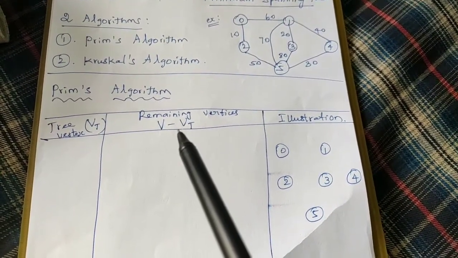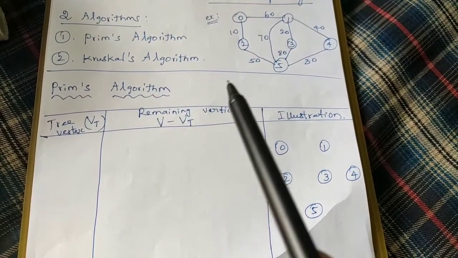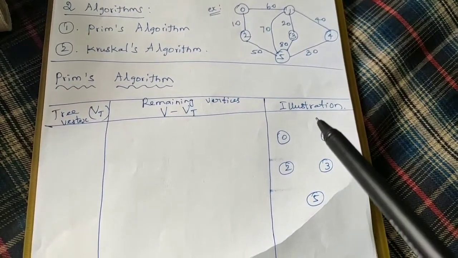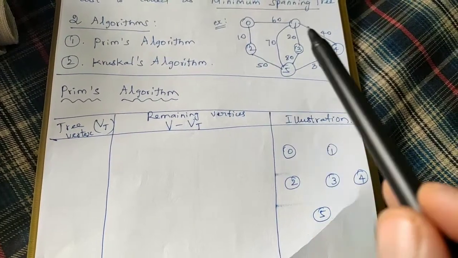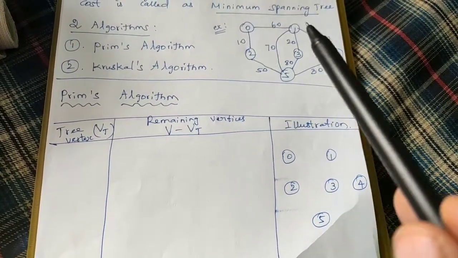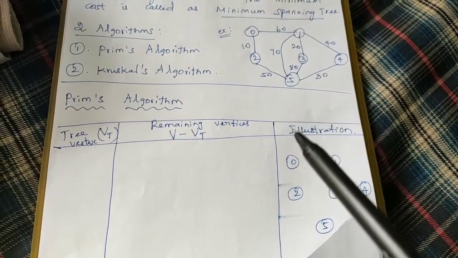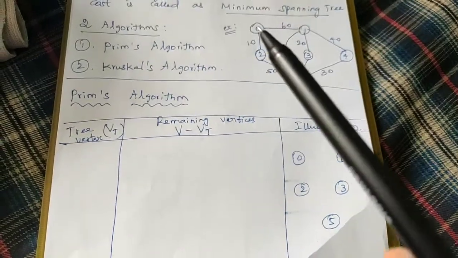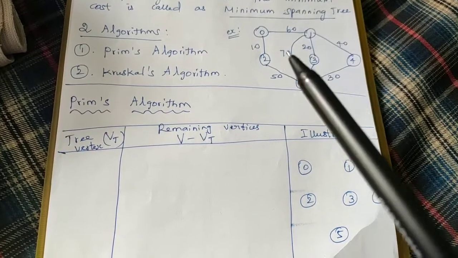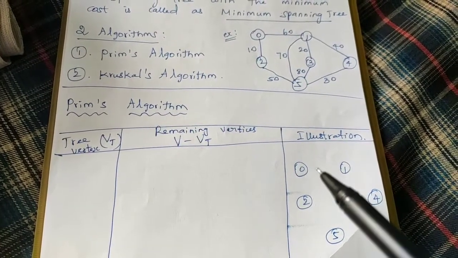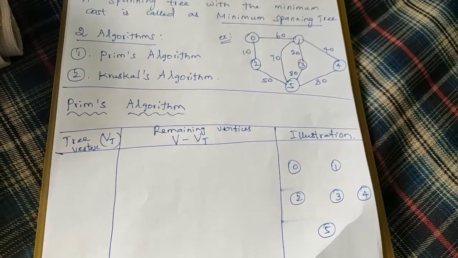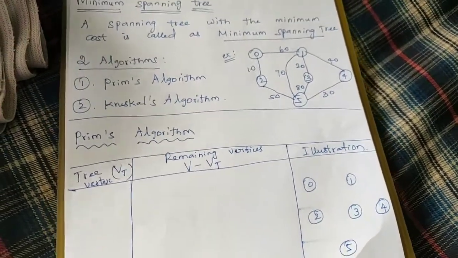I will tell you how to find this V minus VT when I solve the example. In the illustration column, I have taken the vertices alone. Totally 5 vertices I have in this graph, and I have written all the 5 vertices. Whenever I process the edges, I'll be finding the minimum cost spanning tree. So let us start with the process.